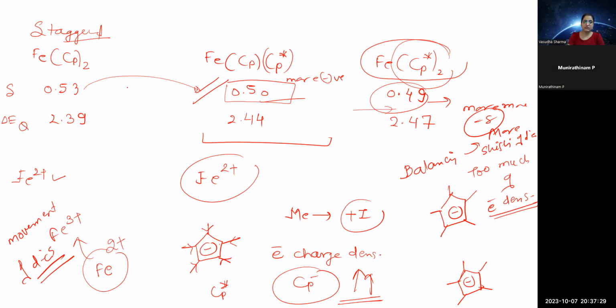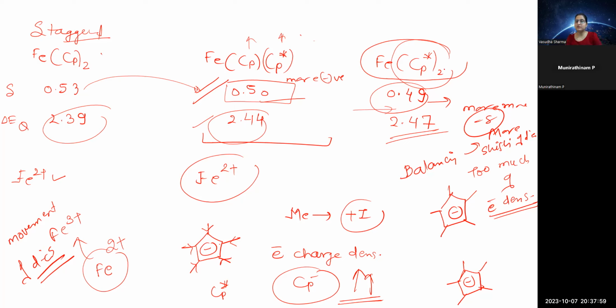Now coming to delta EQ, the splitting value. We already know that it comes from lattice and valence contribution. So the question is, why is the splitting value increasing when we go from iron Cp2 to Cp Cp star, and then Cp star 2, where both are there? The first reason is clear: from Cp2 to Cp Cp star, there are two different kinds of ligand, one with methyl, the other without. That's why delta EQ is more, because the contribution and asymmetry are more.